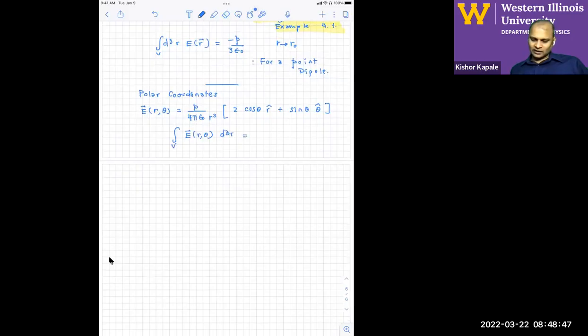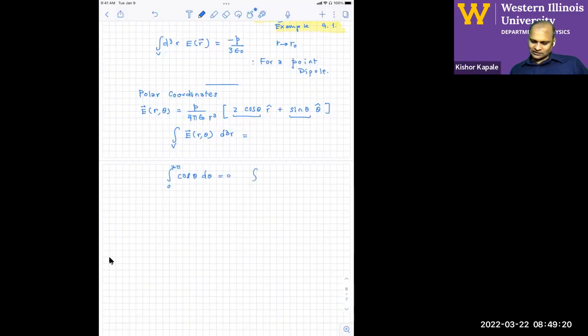Any thoughts what that is going to give you? You have r and theta. Because it has two vector components, you would integrate the 2 cosine theta term first and then the sine theta term. And theta varies from 0 to 2 pi. So what's the integral of cosine theta d theta? Anybody? So I'm asking you this: 0 to 2 pi of cosine theta d theta.